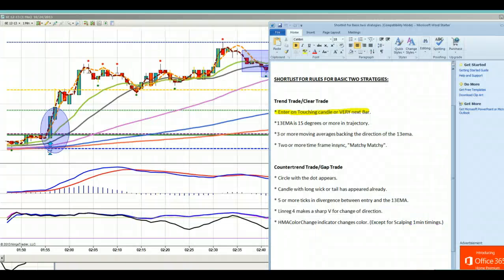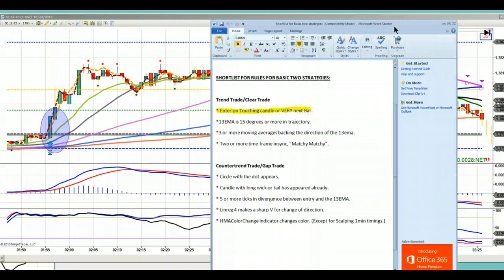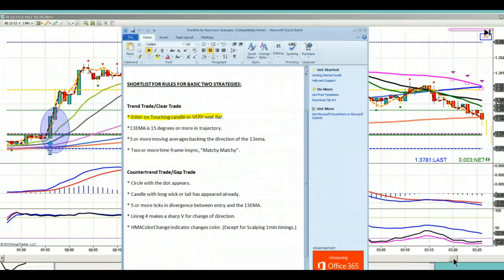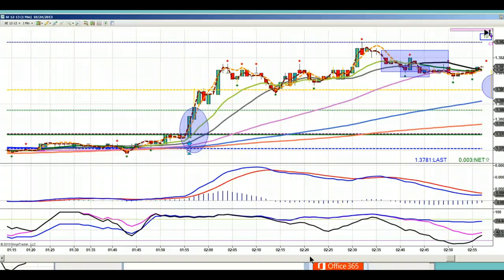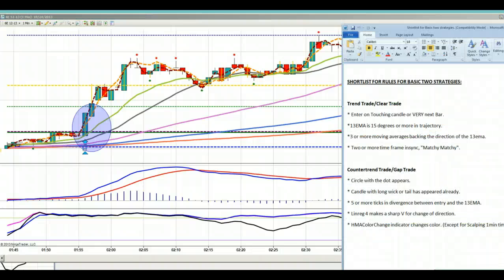How many millimeters is close enough and how many millimeters is too far? I can't answer that because price varies. One bar is smaller than the other bar, and momentum varies. The momentum can also drive the price further away from the 13 EMA.